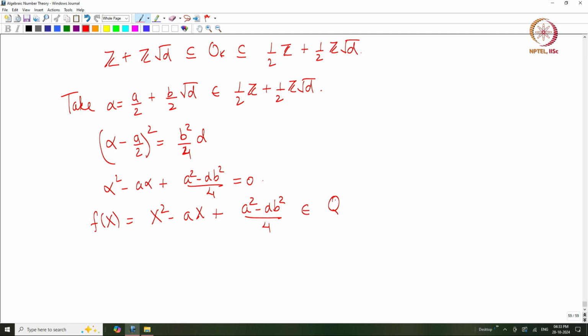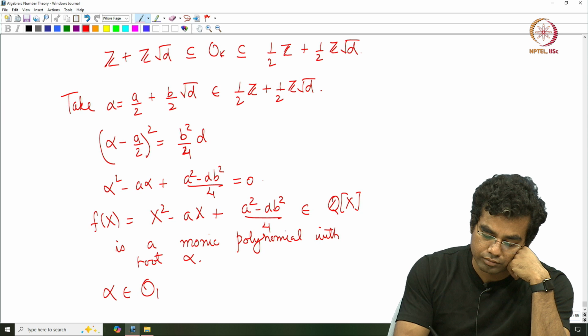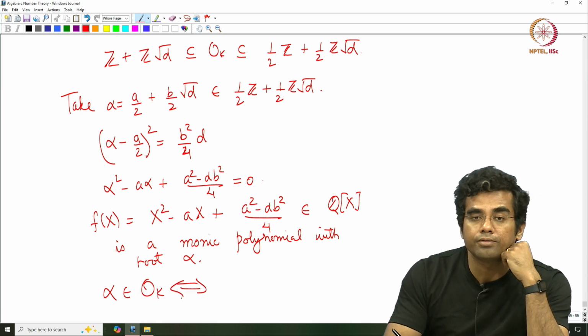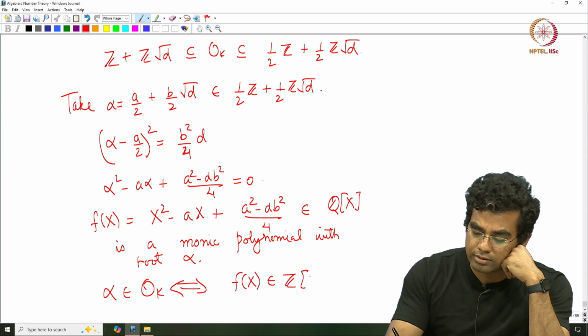This is a priori a polynomial in Q[x]. So, this is a monic polynomial with root alpha. And so, alpha is in O_K if and only if f of x is in Z[x].